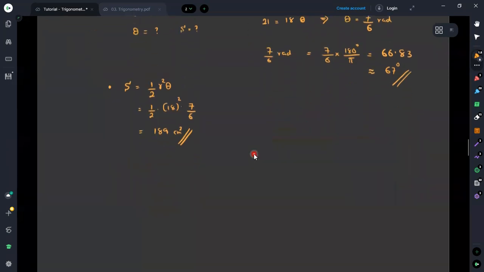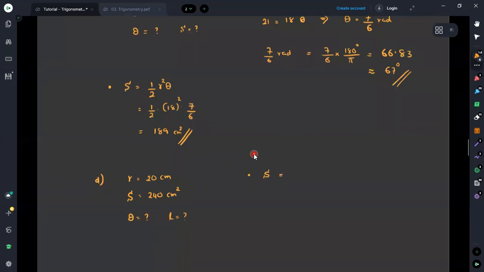In part D, the value of r is given as 20 centimeters, and the value of S is given as 240 square centimeters. We are asked to find the angle theta and the value of L. Here we can use the equation which combines the terms r and theta for finding the area of the sector.